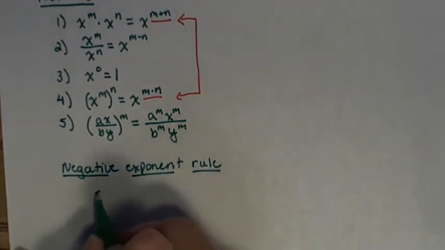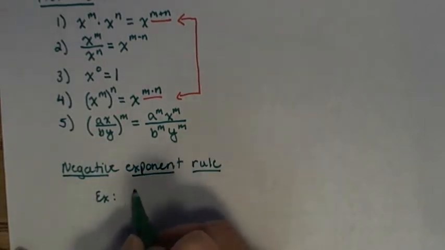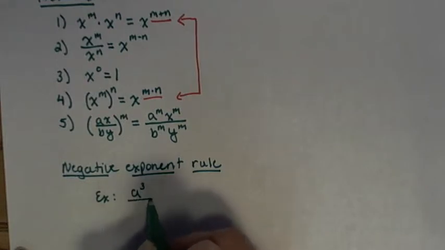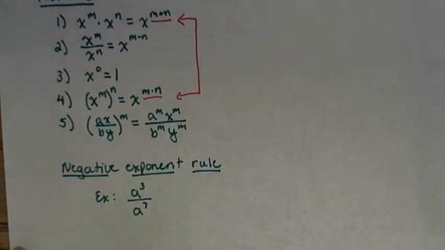So let's say that I gave you the expression a cubed over a to the 7th. Well, this could be done in a couple of ways.